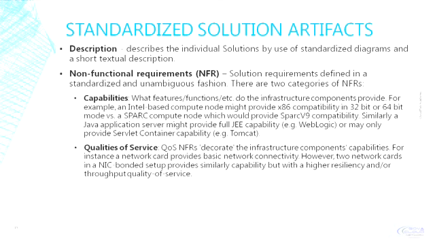For instance, a network card provides basic network connectivity. However, two network cards in a network interface bonded setup provide similar capability, but with a higher state of resiliency or throughput.